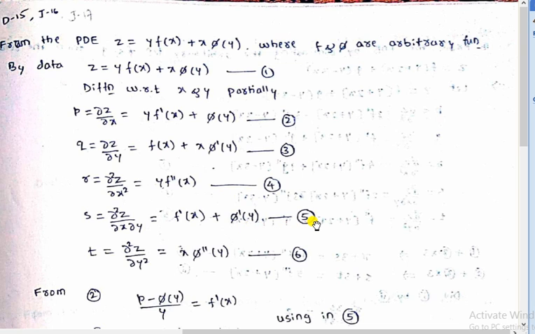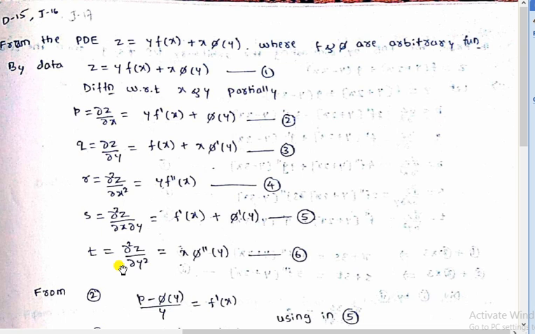So equation number 5. Dou square z by dou x dou y, you should always remember, means differentiate the dou z by dou y function with respect to x, which gives s.